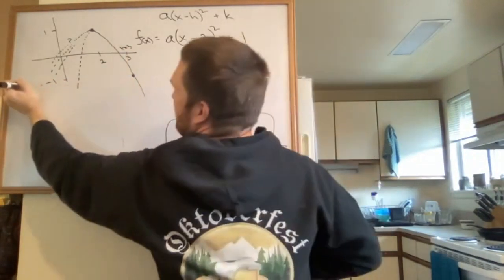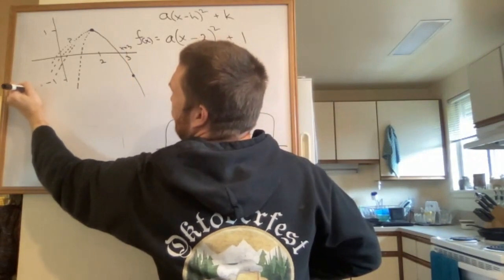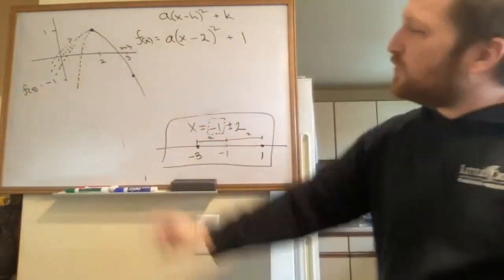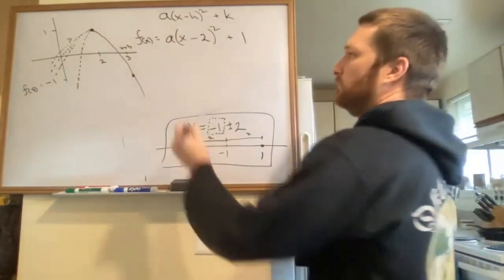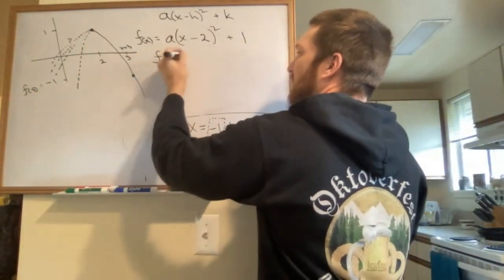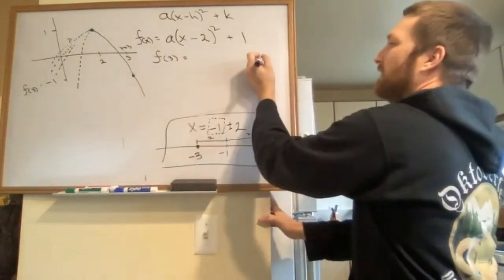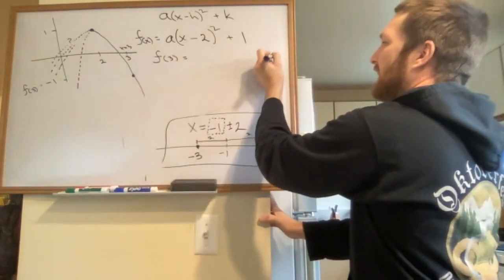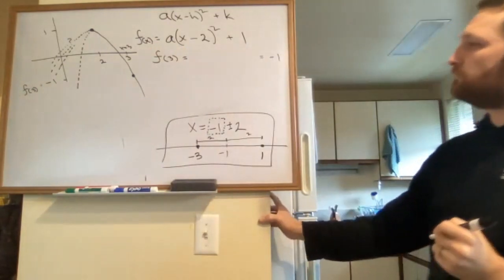In other words, plug in a 3 into f and you get out a -1. So f of 3 is equal to -1.